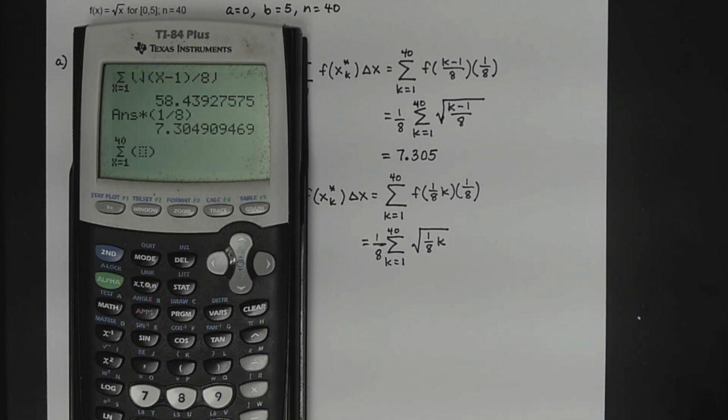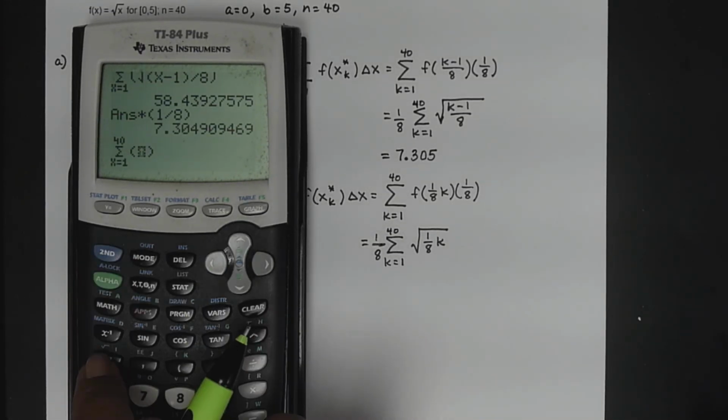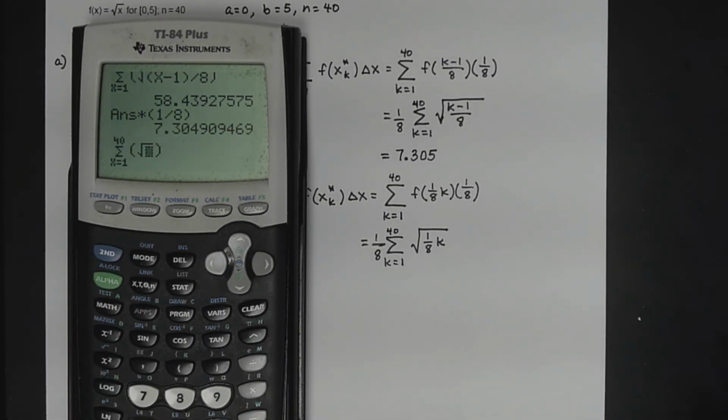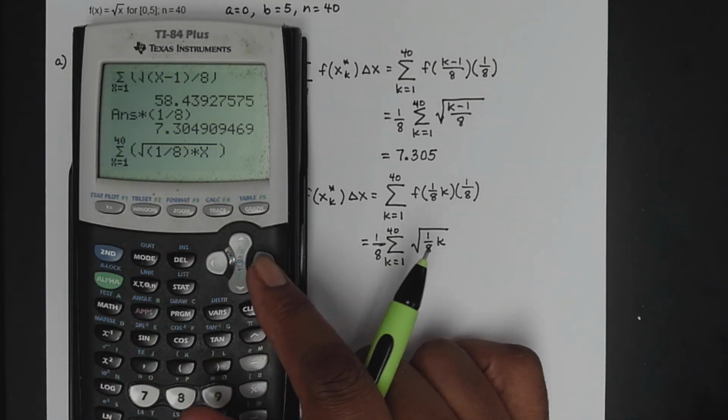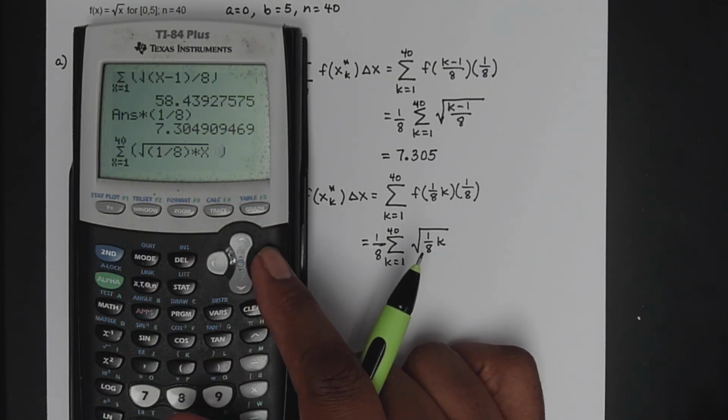For the square root of 1/8 k, you do second x squared for the square root, then left parenthesis 1 divided by 8, close parenthesis, times x, since I'm using x here as my variable.